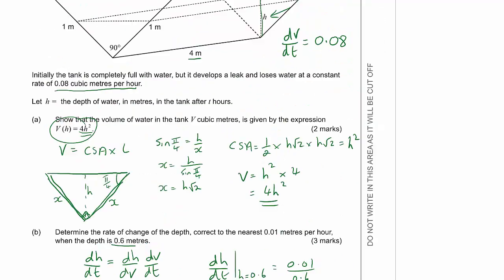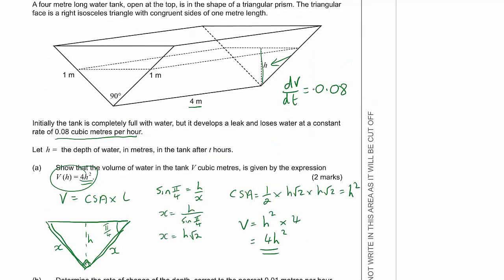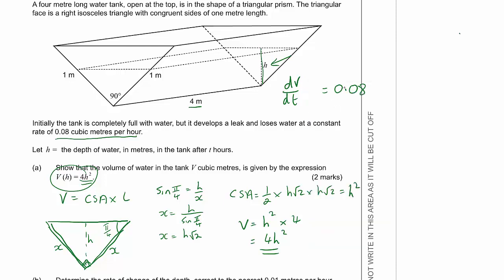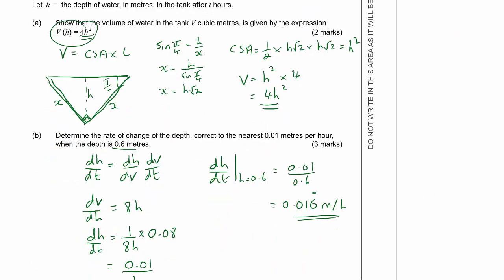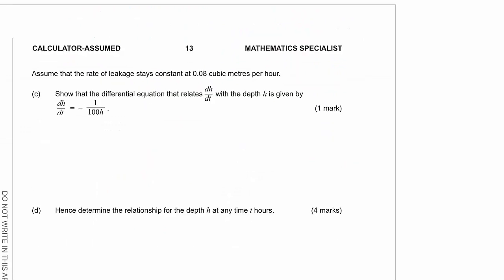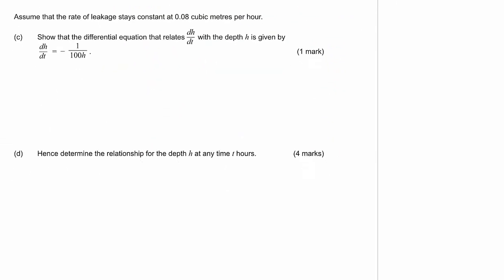Now at this stage, it's just the water's leaking out, so of course this should have been a negative up here, so dV/dt is negative 0.08, and so this should have been a negative here, negative, negative, and of course that's actually negative there. Okay, so that's corrected that. It's always a good thing to just look at your answers as you get them and make sure you haven't done anything like that.